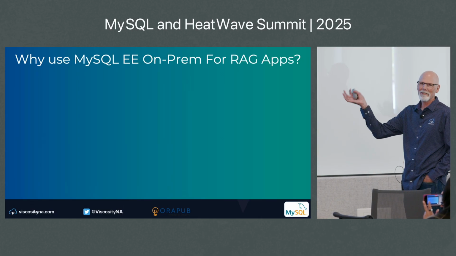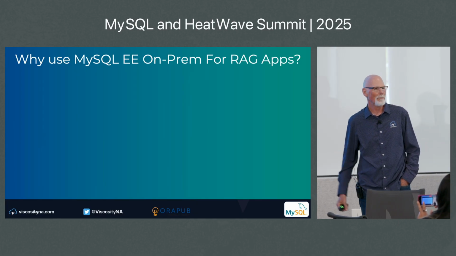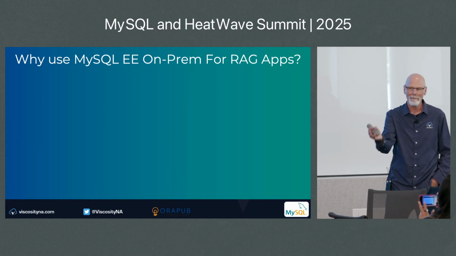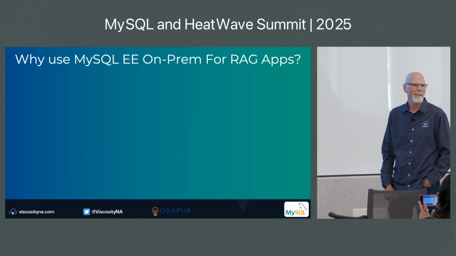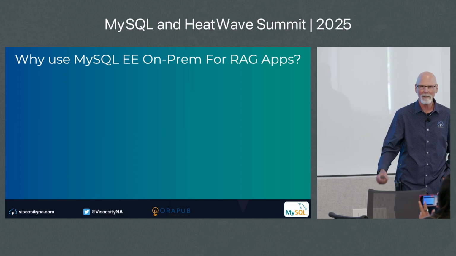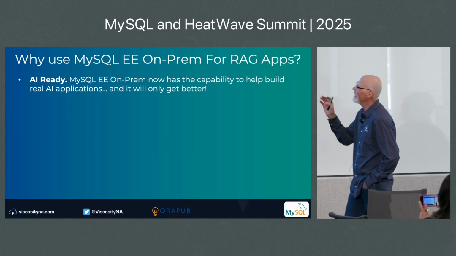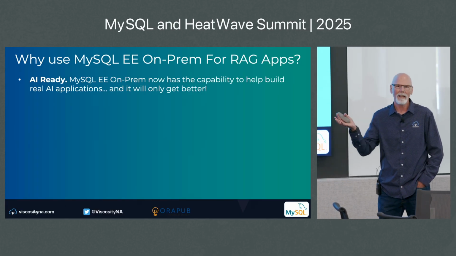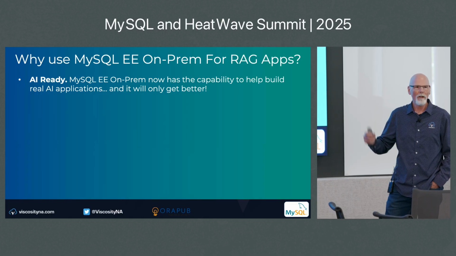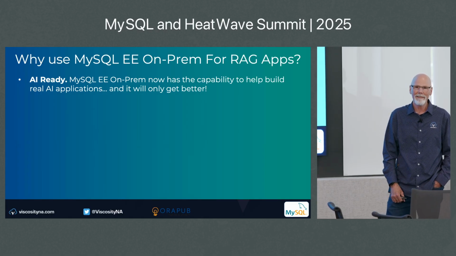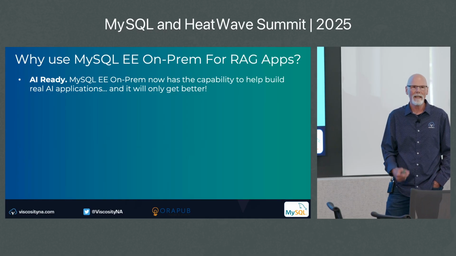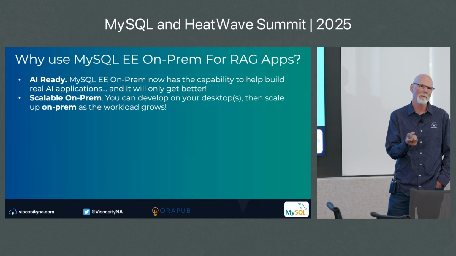Usually this is the last slide, but I'm going to put it here at the beginning. Since you guys are MySQL friendly, I don't have to try and convince you of something. But this is really what I want to hit home on. It's AI ready. It's got the vector column type right there, and with just a little bit of coding wrapped around it, you can do some amazing AI stuff, and that's a big deal.